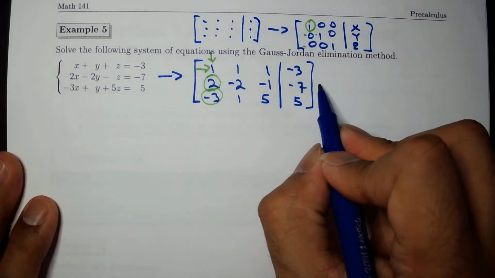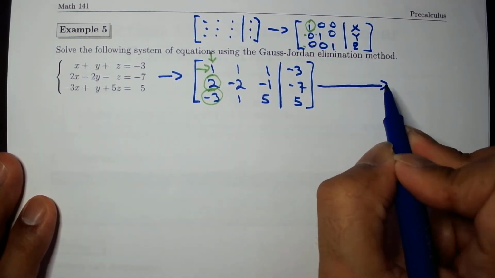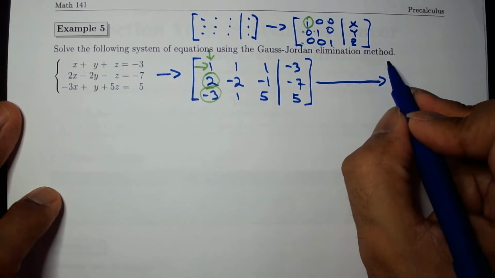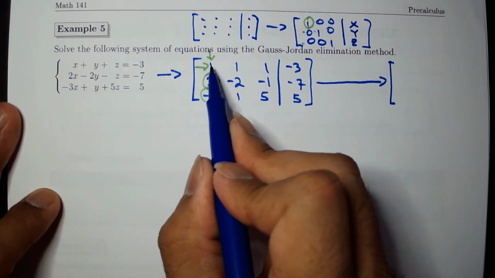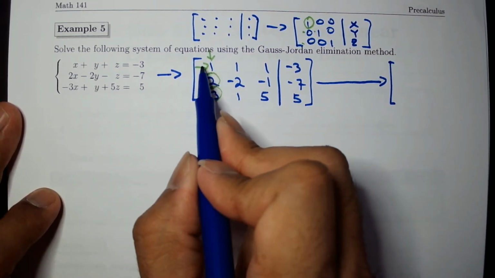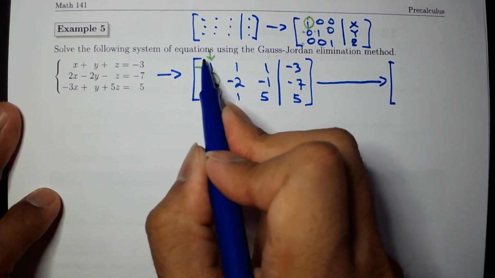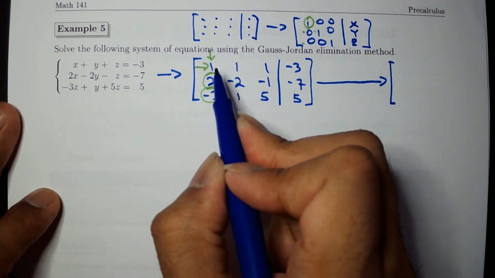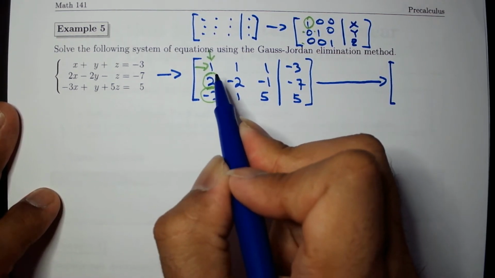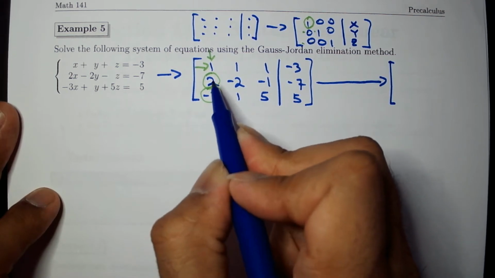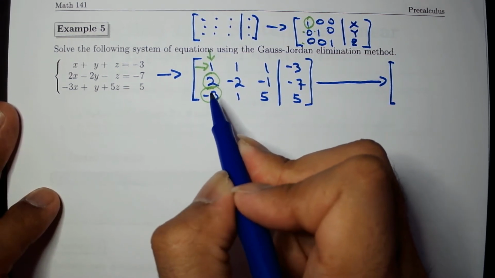Well, we are going to do two elementary operations. The first row, the one that has the 1, this element right here, is going to be called the pivot. The pivot is used to turn these two elements that I'm pointing to into a 0.